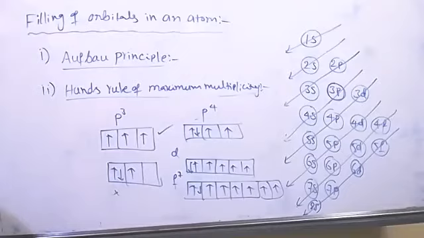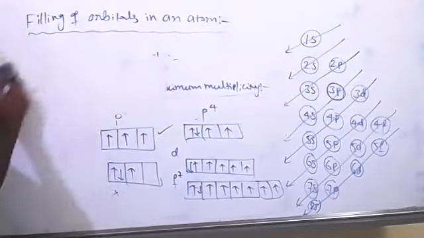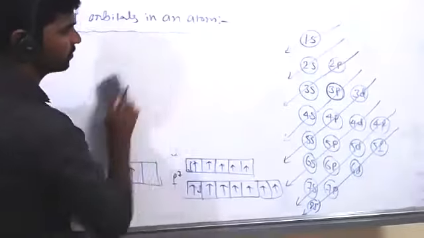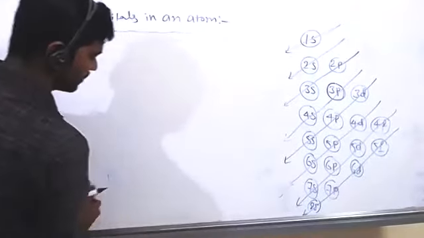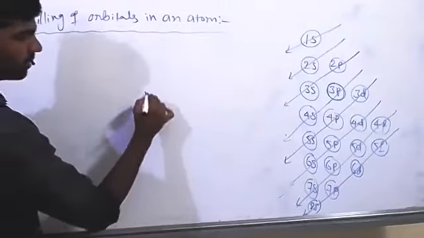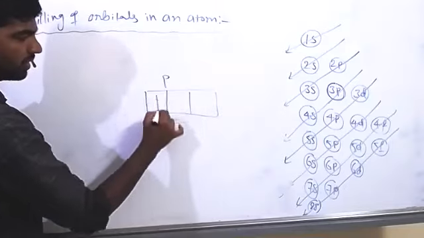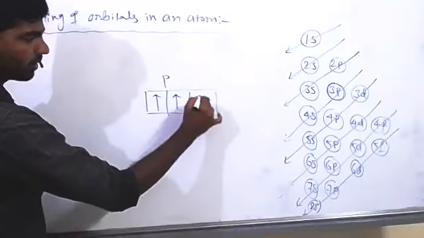Next one, Pauli's exclusion principle. And here, one word, maximum multiplicity, means the first electrons going in, all 3 electrons in case of a p orbital, maintain the same spin.